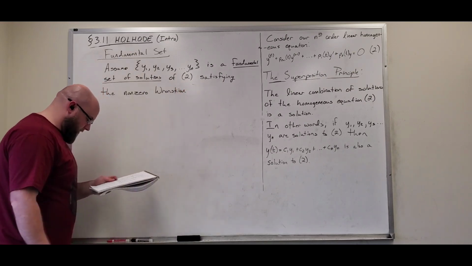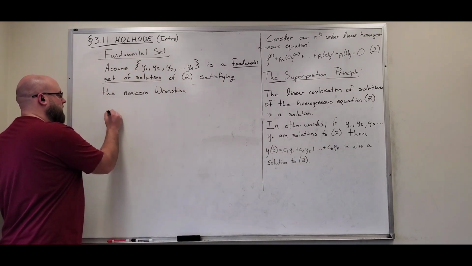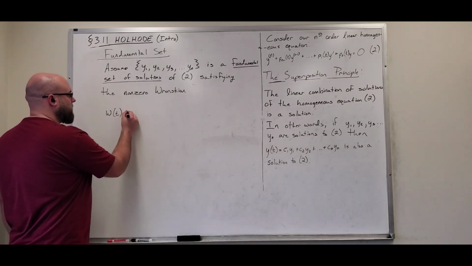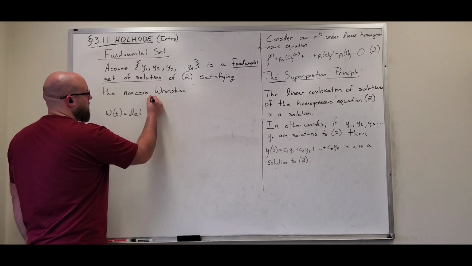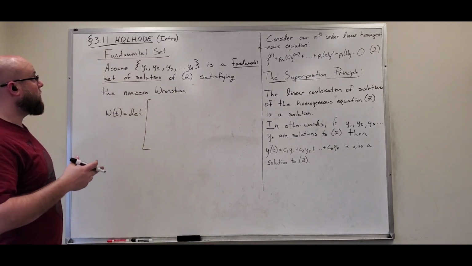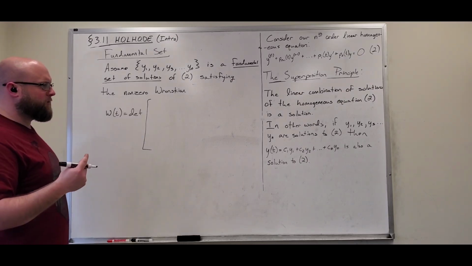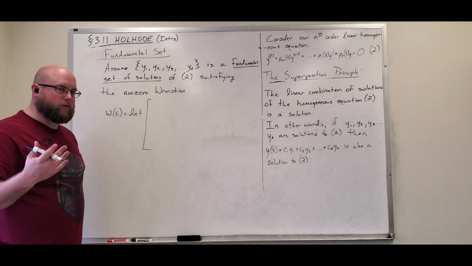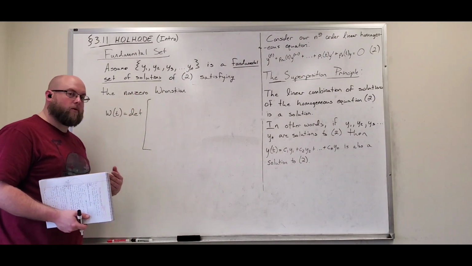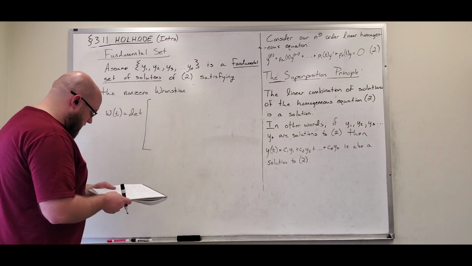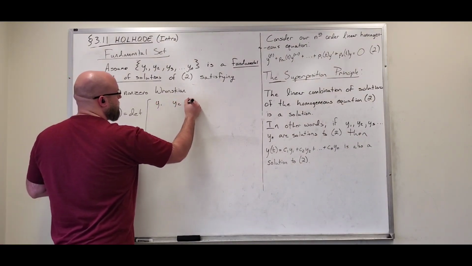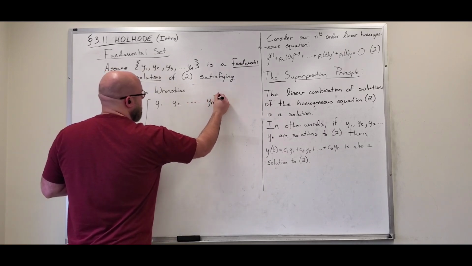And how did we find that non-zero Wronskian? Well, we said that W of t, the Wronskian, is equal to the determinant of, now, this massive, because we're dealing with higher order, so we're no longer dealing with just 2 solutions. If we have a 3rd order, we're going to have 3 solutions. If we have a 4th order, we have 4 solutions, and so on. So to generalize this, we get y1, y2, up to y sub n.